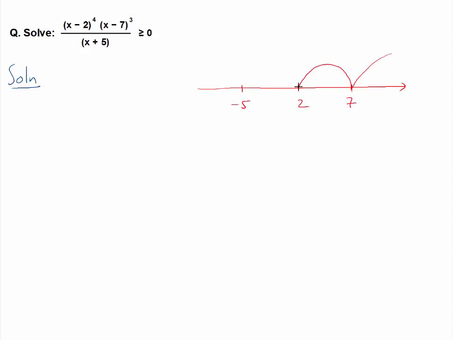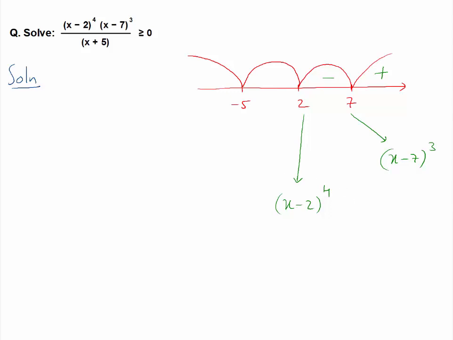Now we draw the shapes on these points and we write plus on the rightmost side. For 7, we look at x minus 7 whole cube, its corresponding factor. The power here is odd, therefore it will change sign when we cross 7. So this will be minus. Now 2 corresponds to x minus 2 whole to the power 4.